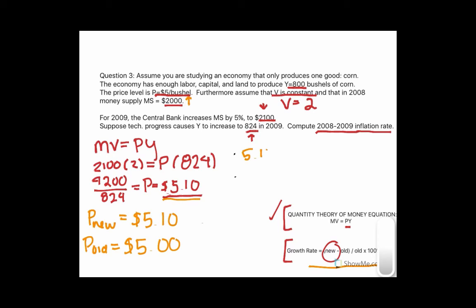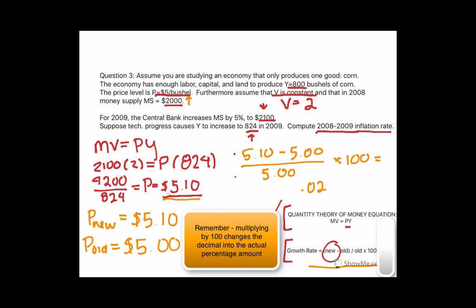So $5.10 minus $5 all over $5 times 100. Because we want to make this into a percent, we're going to get 0.02 times 100, or 2%. So overall, we have an inflation rate of 2%.